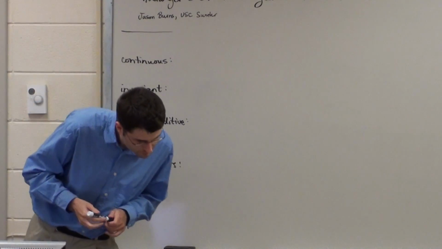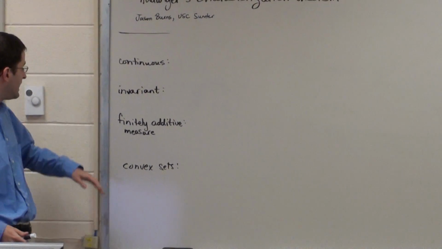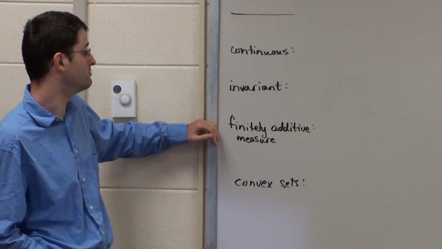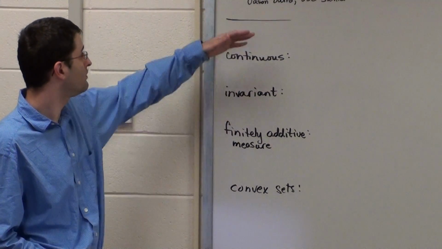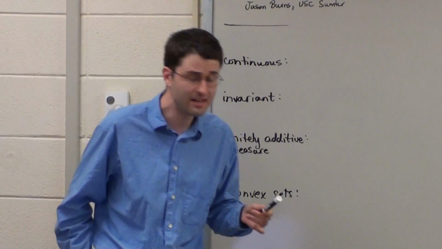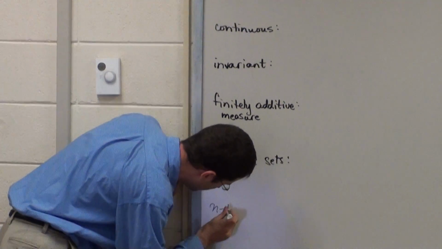Basically, all a measure is, think of something like volume. So we'll be thinking here in n-dimensional Euclidean space. That's another buzzword I should put.